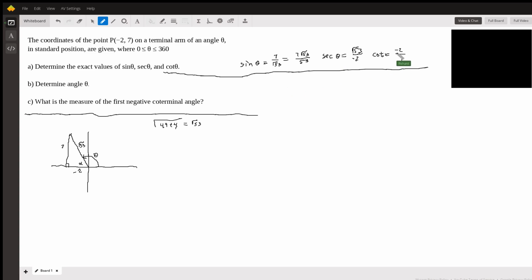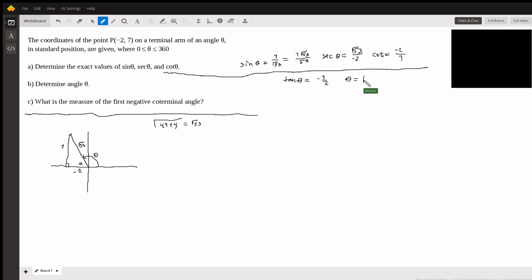I'm going to use the tangent because it's easier. So the tangent of theta is going to be -7/2. And then I just go on my calculator.